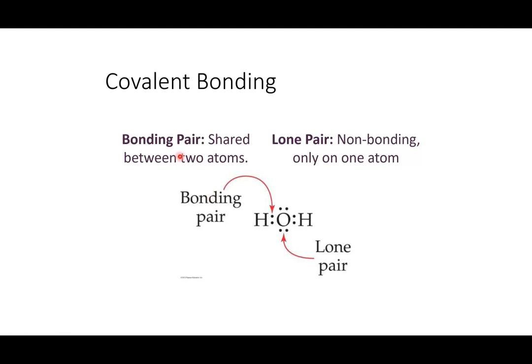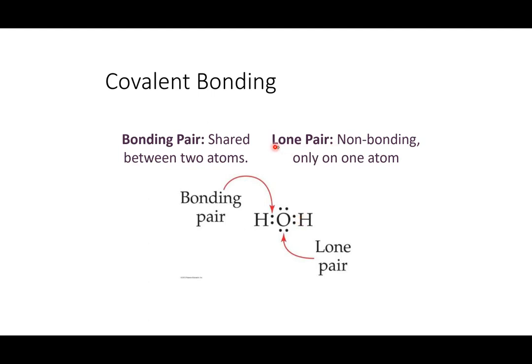The first is a bonding pair. These are going to be electrons that are shared between 2 atoms. So here's a bonding pair between hydrogen and oxygen. Here's another bonding pair between hydrogen and oxygen. So these would be electrons that 2 different atoms are touching.